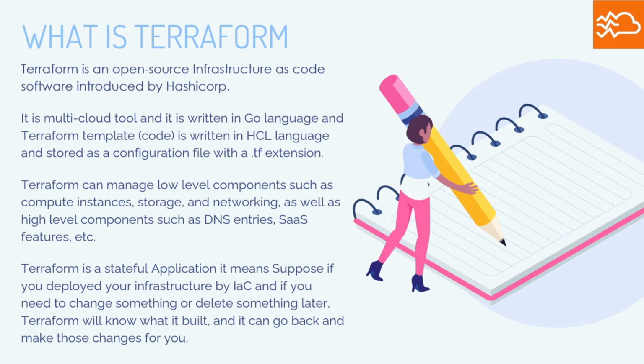So this is the advantage of Terraform. Suppose you want to modify your running infrastructure, you only need to modify your code and run that script, and your infrastructure will be modified automatically. So that is the advantage of Terraform.